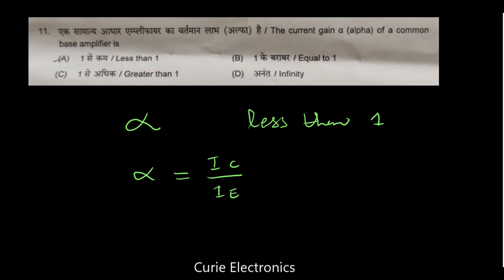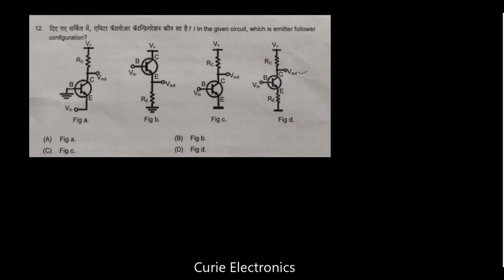I think it is IC upon IE, alpha. Or IE upon IC, little doubt. I think IC upon IE. But it is less than 1. The value of alpha is always less than 1 because it can go up to 0.999, but not 1. Less than 1. Question number 12.